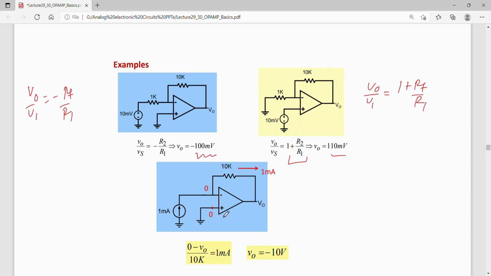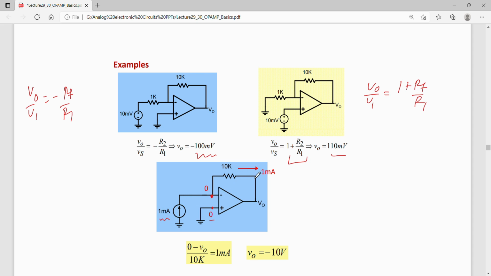Similarly, for this circuit, it is inverting because the input, which is 1 milliampere current, is connected to the inverting terminal, and the other is grounded, so the output will also be negative. Since this node potential is at ground, this is also at ground, 0. Now one can write using KVL.